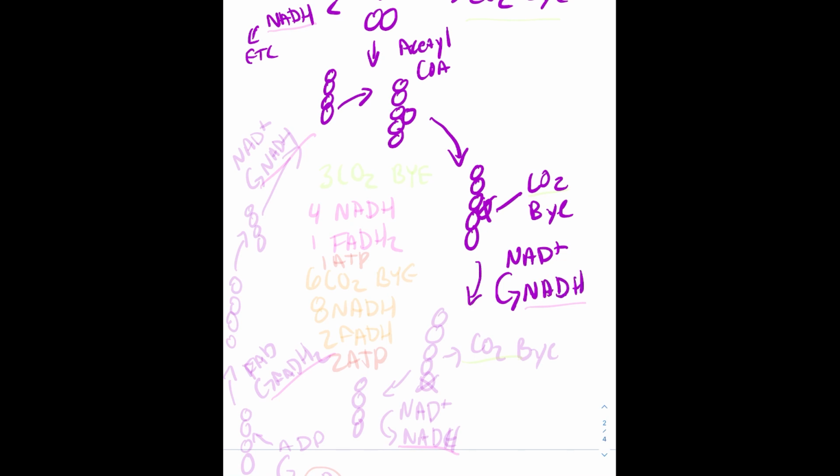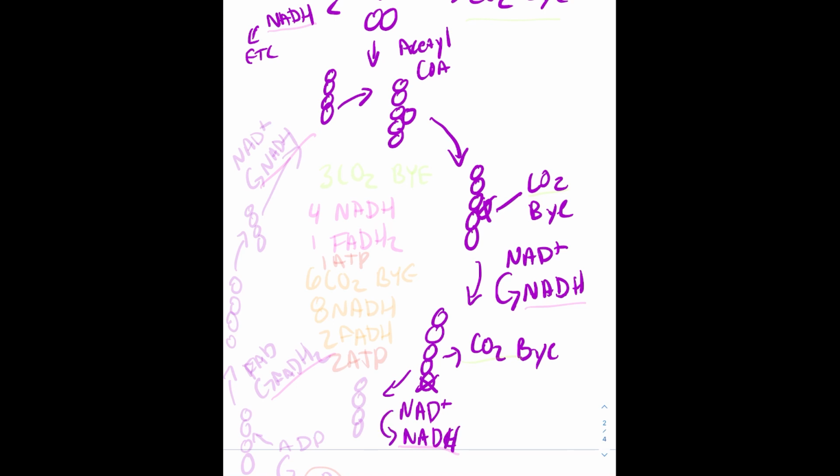So we have that happening right there. And then we're going to have, once again, right after that, another carbon dioxide leave. And once again, we're going to have NAD plus come around, make NADH.